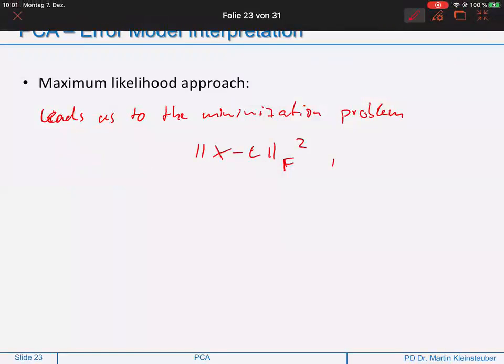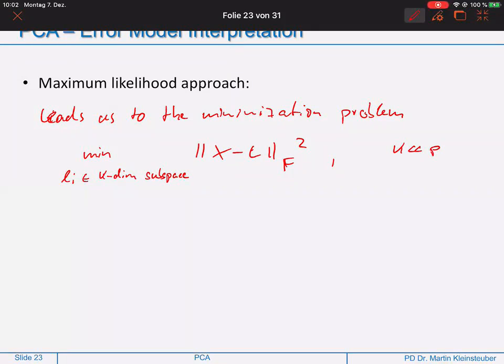Right. So we have to solve the minimization problem. Minimize this form given that the Li are an element of a k-dimensional subspace, and k is much smaller than p. That's the idea.